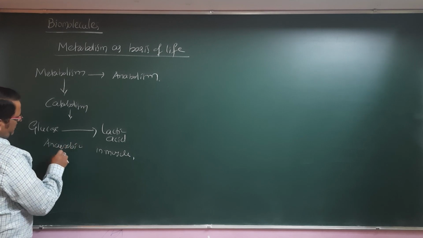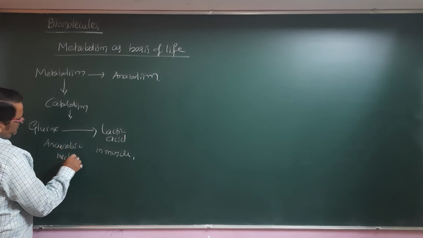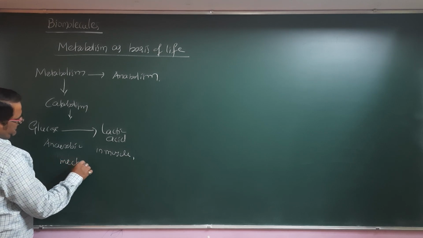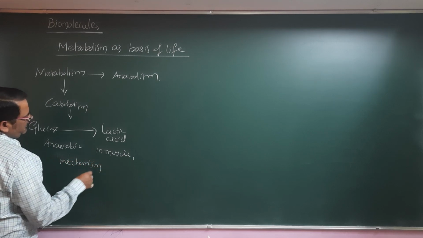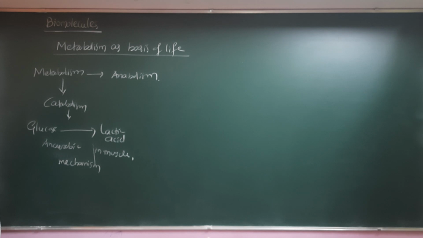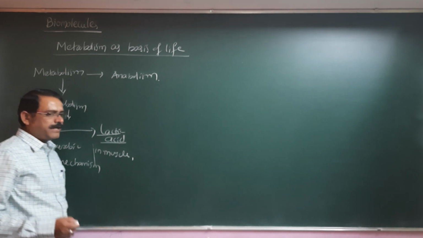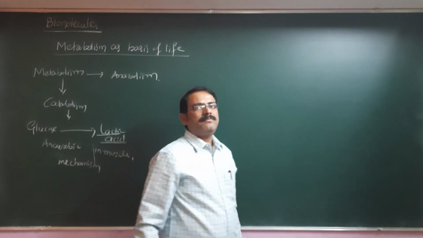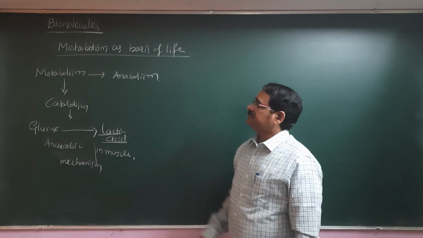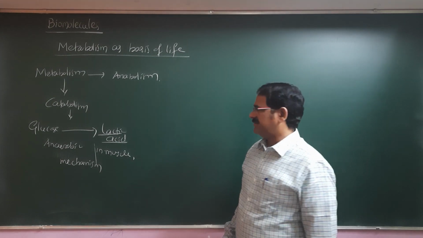Anaerobic mechanism. When there is a shortage of oxygen, when we do lots of exercise in the gym, at that time we have a shortage of oxygen, but in our muscles there is a formation of lactic acid. When lactic acid is produced too much and accumulates in the muscles, it gives a kind of burning sensation or pain. So catabolism is one example.